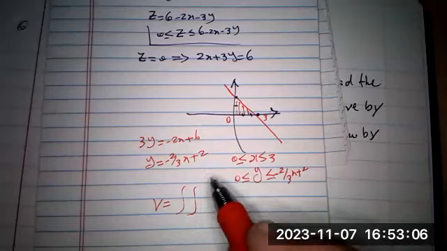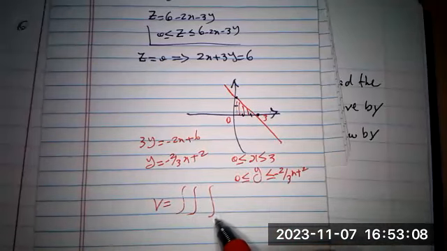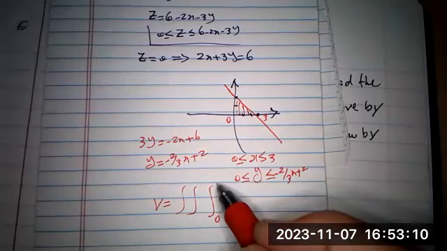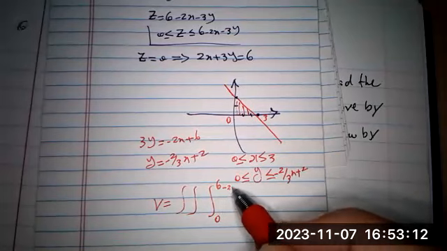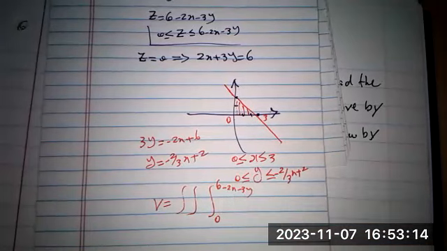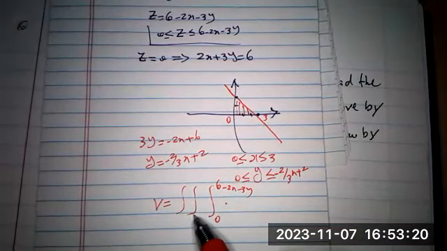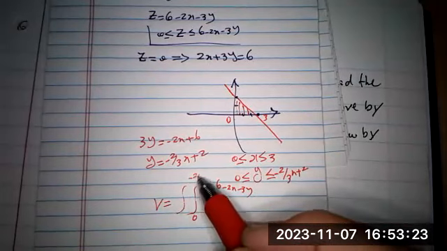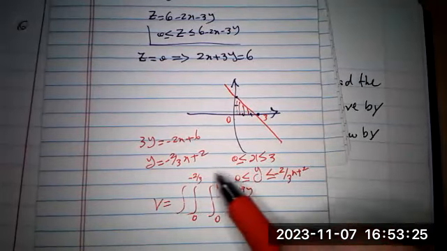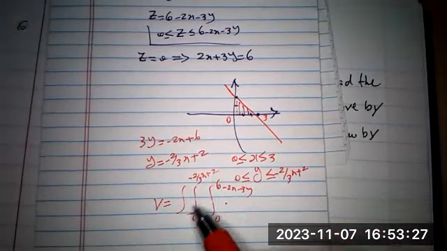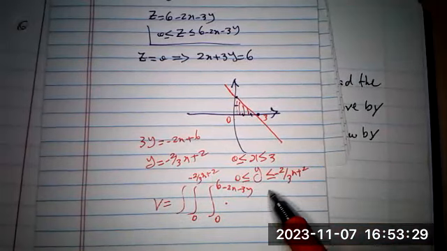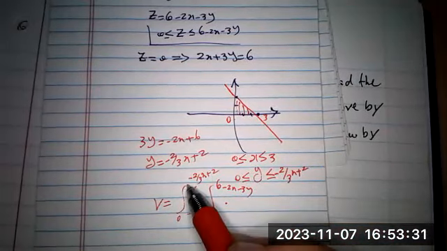If you want the triple integral, it's z from 0 to 6 minus 2x minus 3y, and the integrand is 1. Then your y is going to be between 0 and negative 2/3 of x plus 2. And at the end, your x is going to be between 0 and 3.